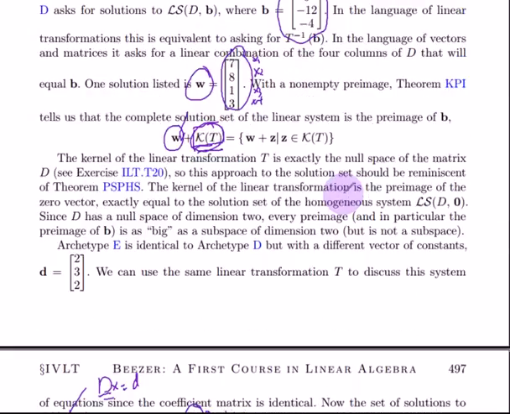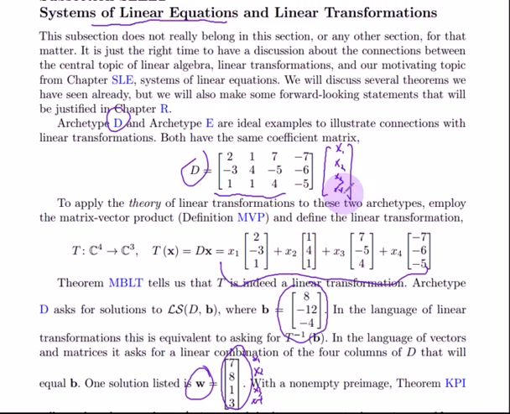Now, in this particular case, when we have a matrix like this, you can see that the number of rows is less than the number of columns. It turns out that the nullity of this linear transformation, since we're identifying this linear transformation T with this matrix, turns out to be 1.